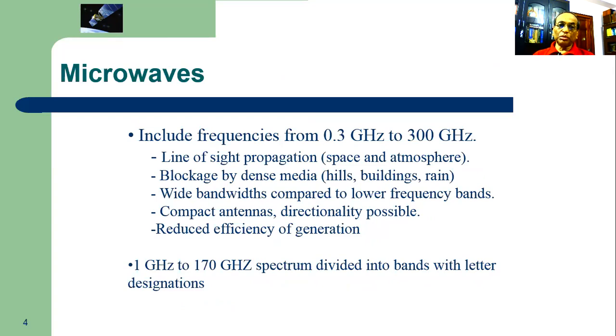Once again, I would like to mention that 0.3 gigahertz to 300 gigahertz is the microwave frequency range. And we know that microwave power propagates in space and through the atmosphere following the line of sight principle. So line of sight propagation is the fundamental issue in space and atmosphere.